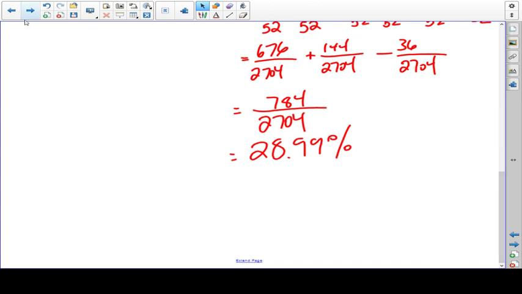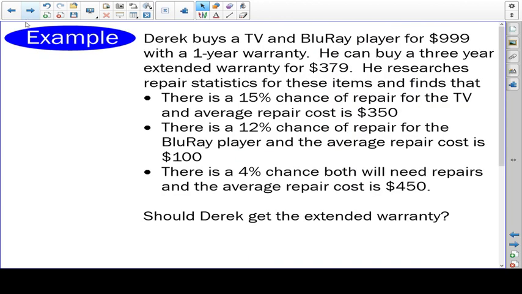Next and final example. Derek buys a TV and Blu-ray player for $9.99 with a 1-year warranty. He can buy a 3-year extended warranty for $379. He researches repair statistics for these items and finds that there's a 15% chance of repair for the TV, and the average repair cost for the TV itself is $350.